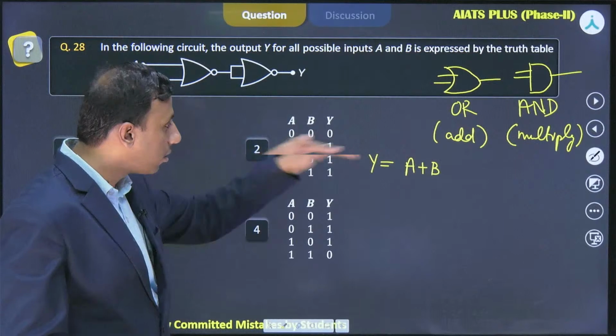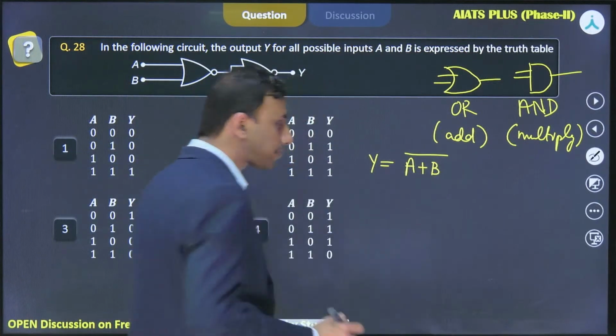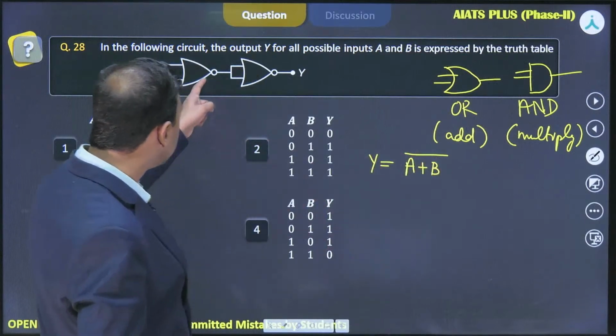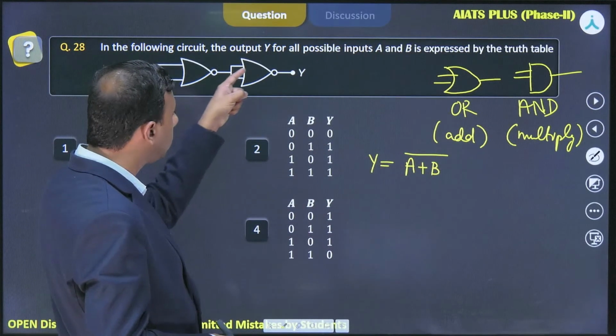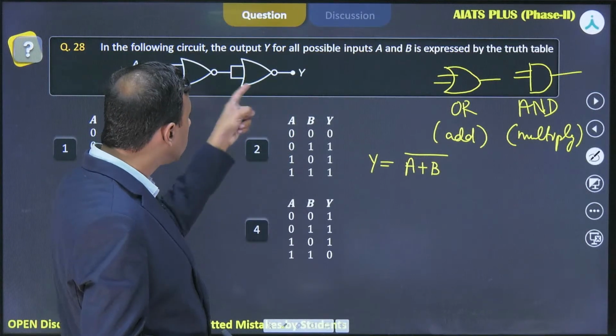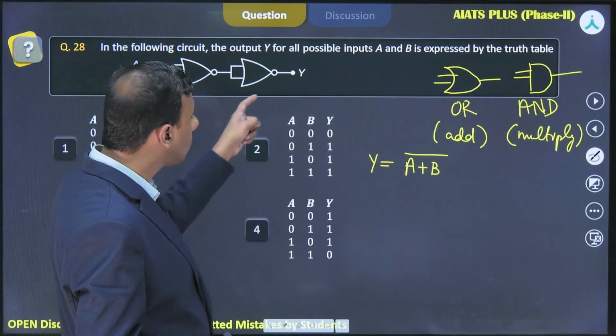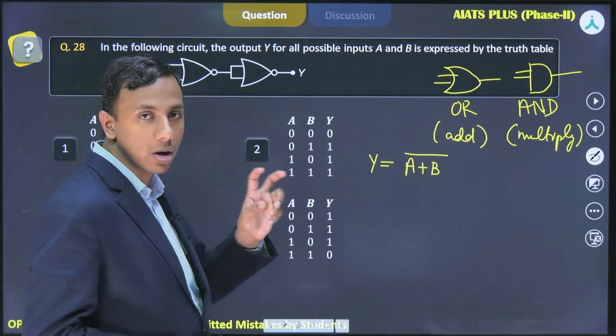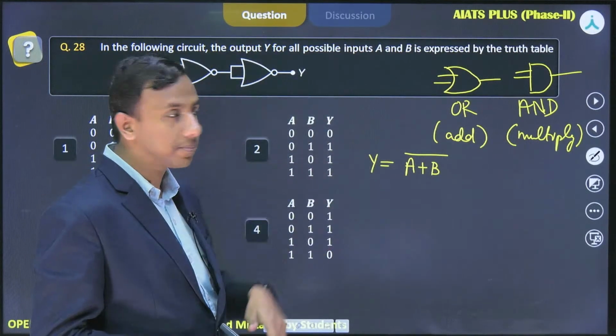So we put NOT over there. Then this is fed as the input to another gate. See here, it is another NOR gate. This is OR, but this whole thing is NOR, and this is another NOR, isn't it?